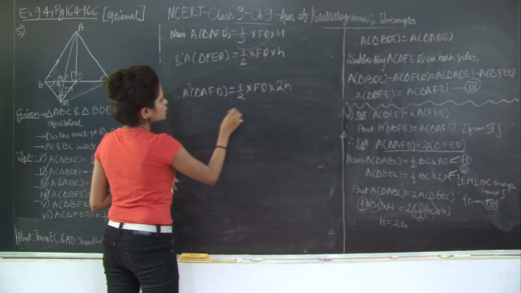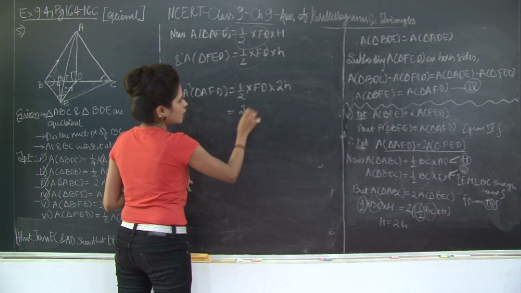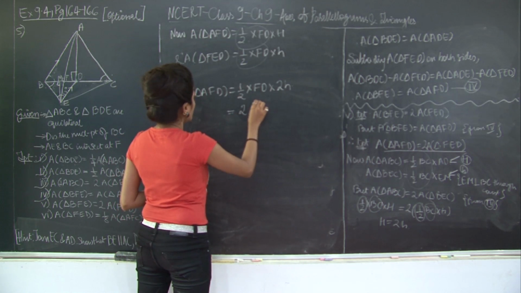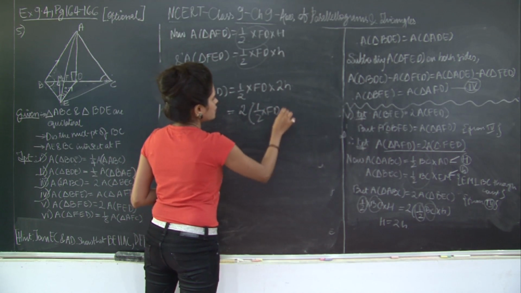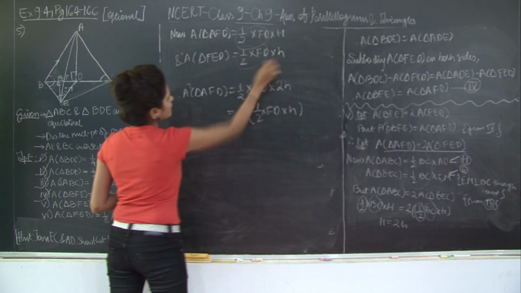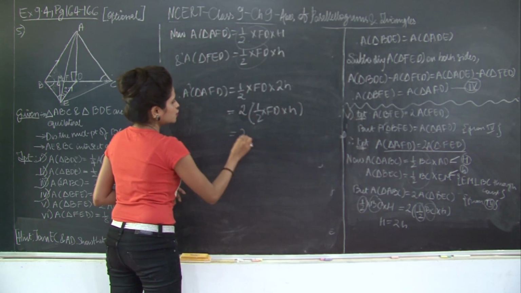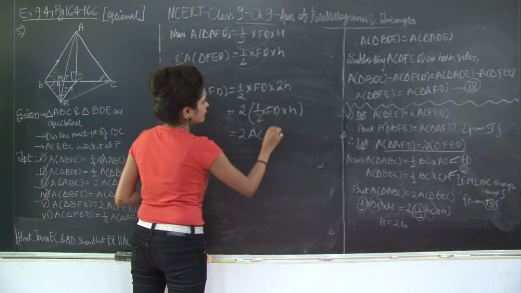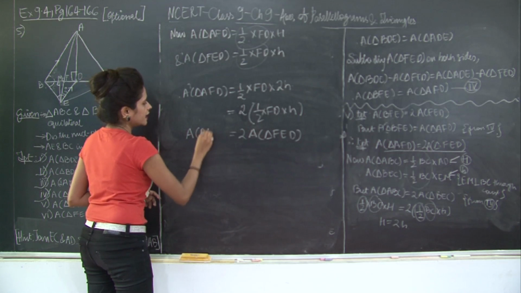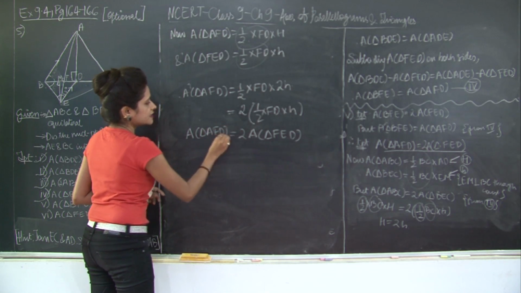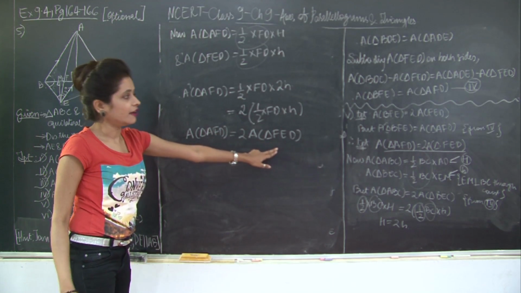Which is equal to half. So I'll remove the 2 out here and I will write half FD into h. Half FD into h is what? 2 area of triangle FED. So you have area of triangle AFD is equal to twice area of triangle FED.